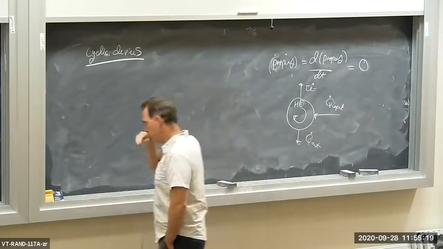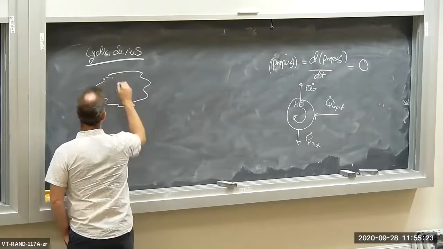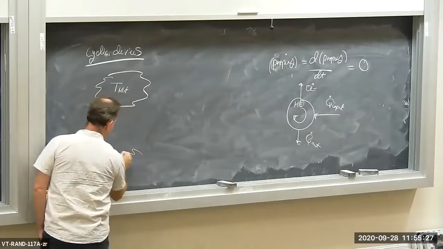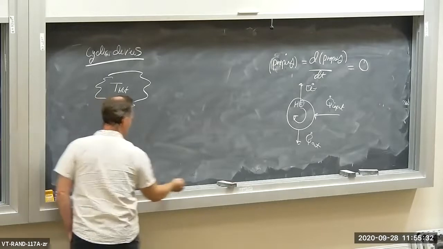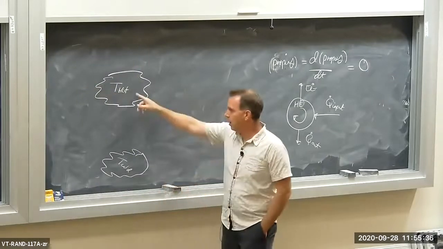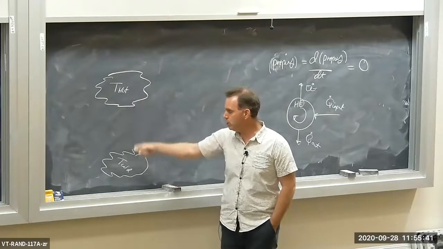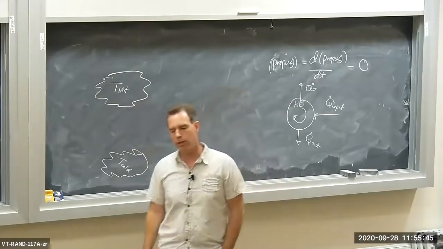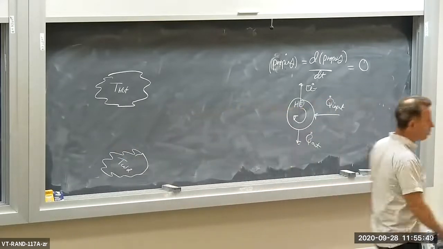So let's say I have a hot place, T hot, and the cold place, T cold. Now, naturally, heat flows from hot to cold. You put these two areas or spaces in thermal contact with each other, and heat's going to flow from the top to the bottom, from hot to cold.